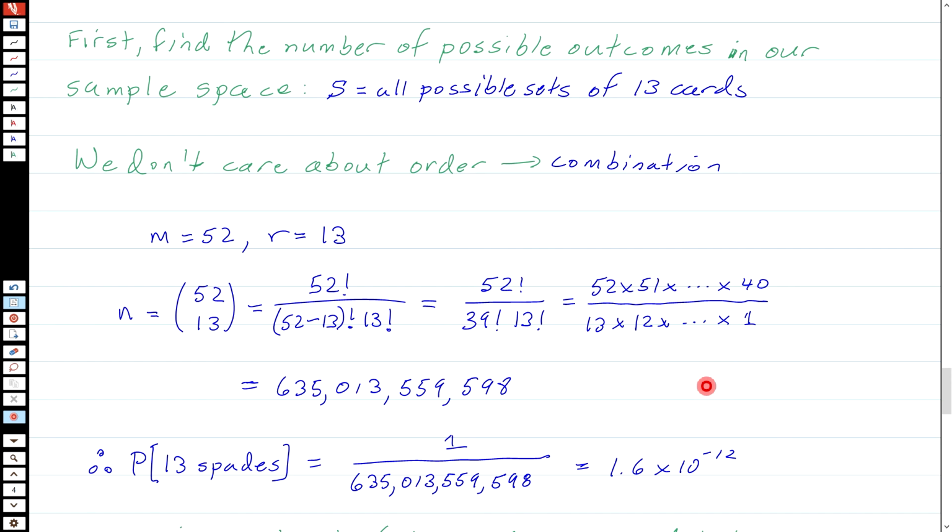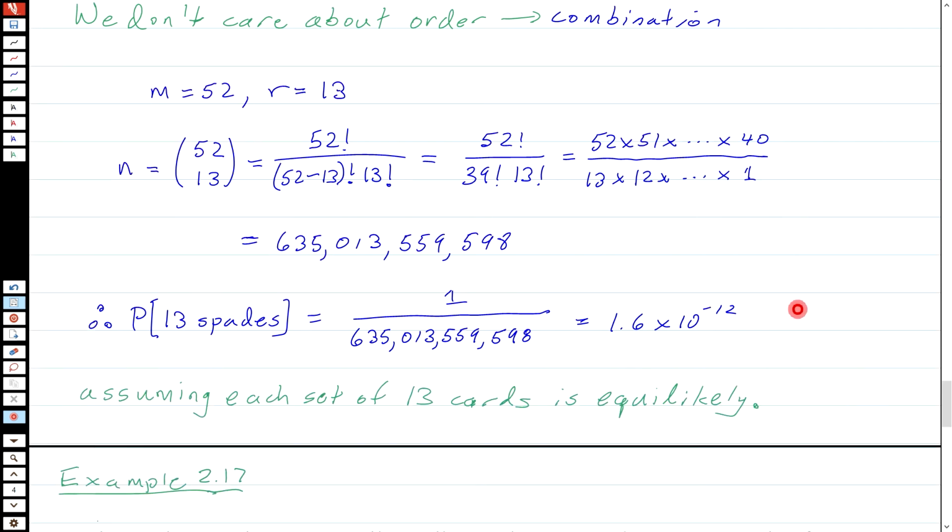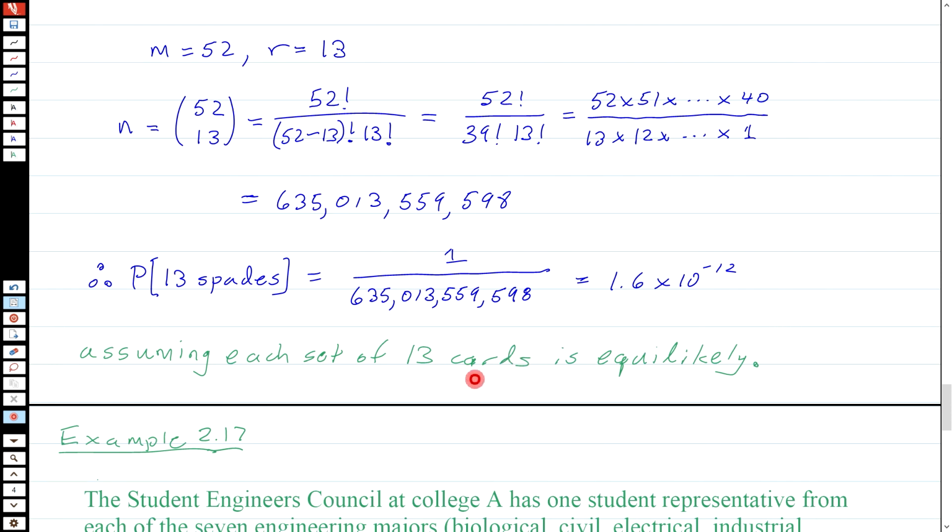A very, very small probability, which is why you would almost never get dealt a hand of 13 spades unless somehow or other the deck of cards was not properly shuffled. And we're making the assumption here that the sets of 13 cards are all equally likely. And that means basically that the deck of cards is shuffled properly.